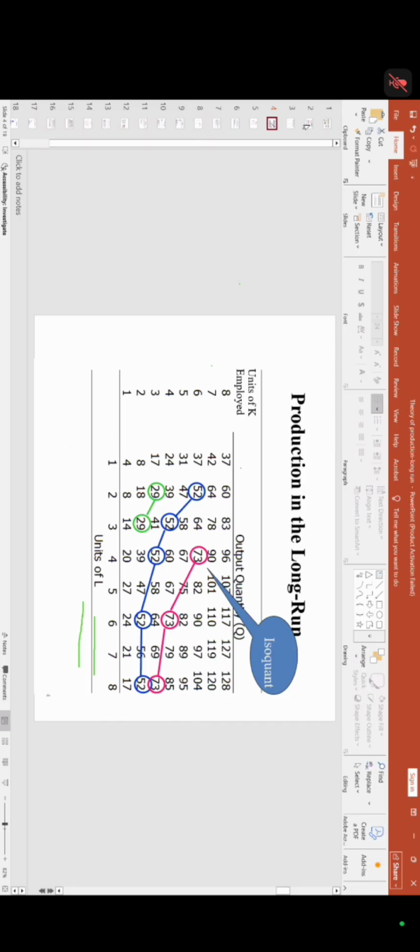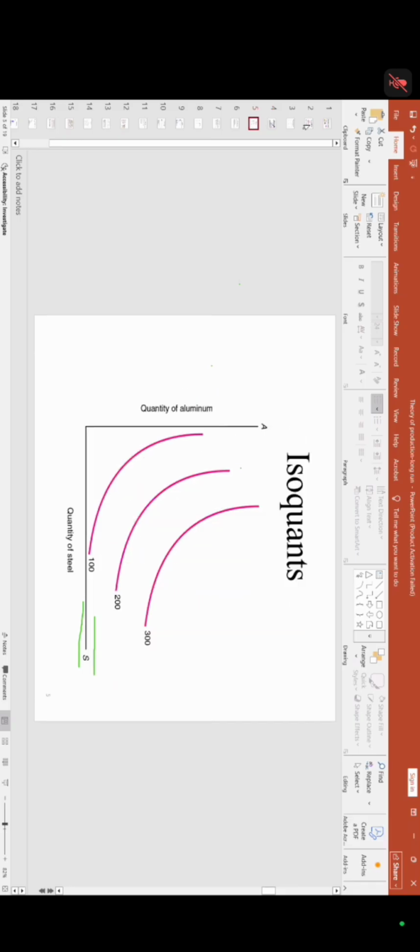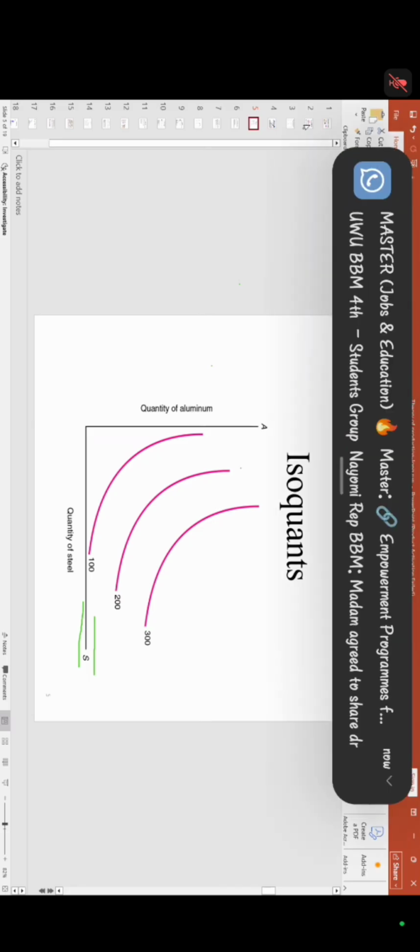Of course, when you are moving along the curve, you have to do substitution of each input. You can only witness substitution of inputs in the long run, right? In the short run, there are no substitutions. But in the long run, you can identify substitution, because all things are variable.